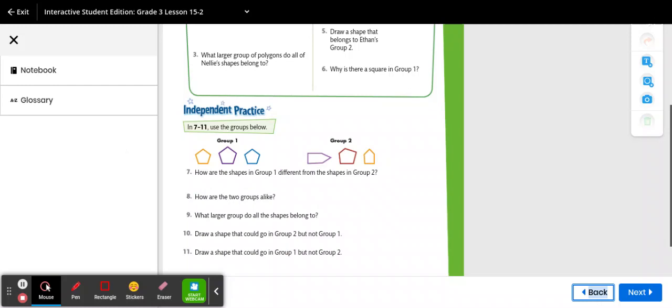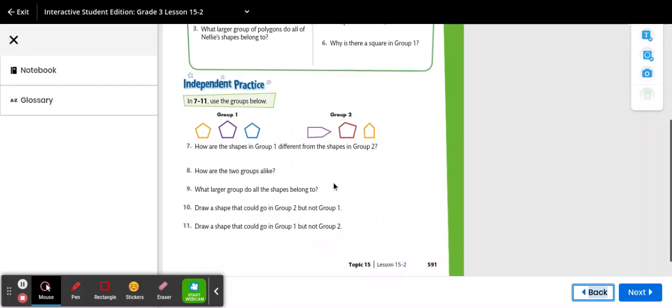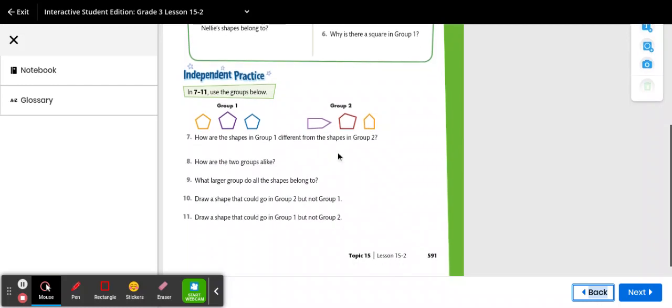We're just going to talk about it together. In group 1, they're all 5-sided shapes, and all of the sides are equal in each shape. They're not equal in group 2. So that's how they're different, but they're all 5-sided. That's how they're alike. Number 8, they're all 5-sided.